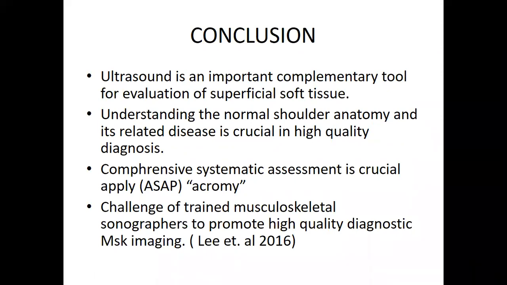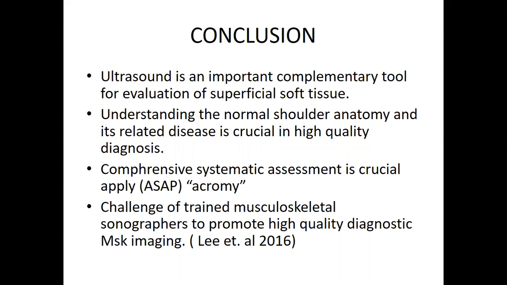Posterior compartment, we mentioned what is supposed to be picked. One of the challenges that we have, I think you all agree with me, we have very few trained musculoskeletal sonographers to promote high quality diagnostic MSK imaging. If there are people who are performing musculoskeletal, mostly, there are few.